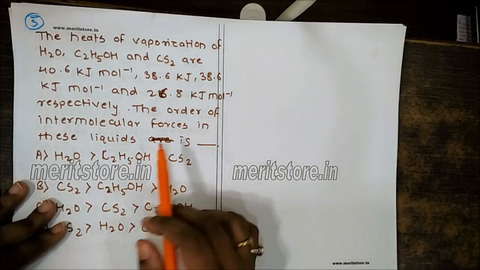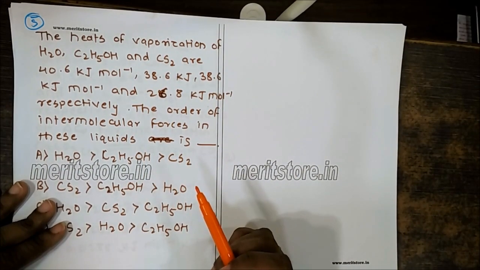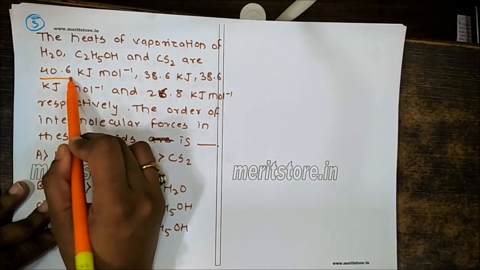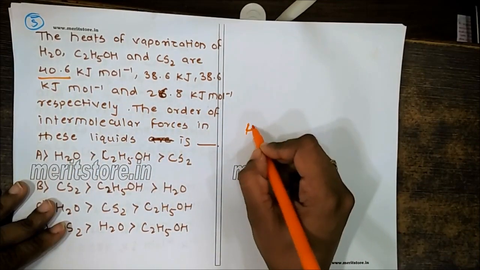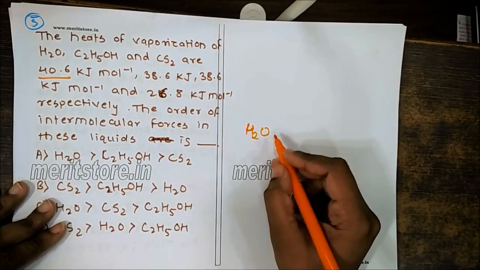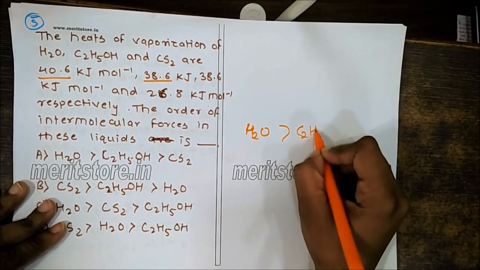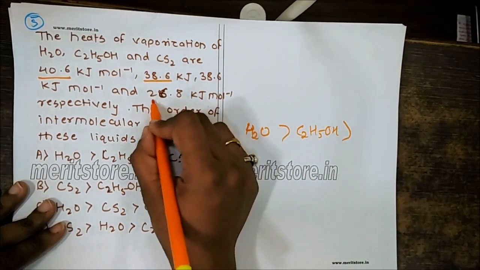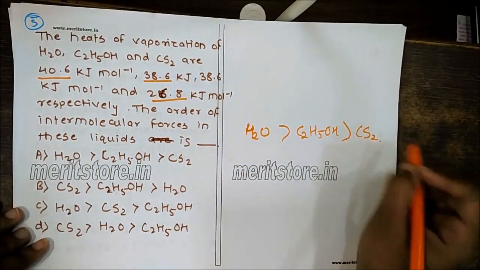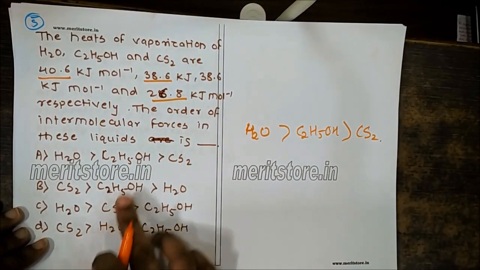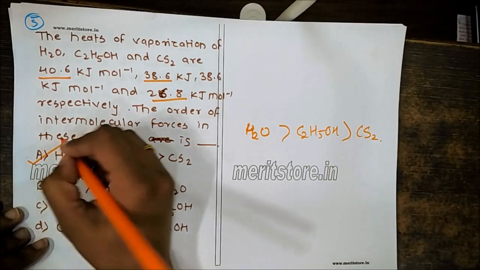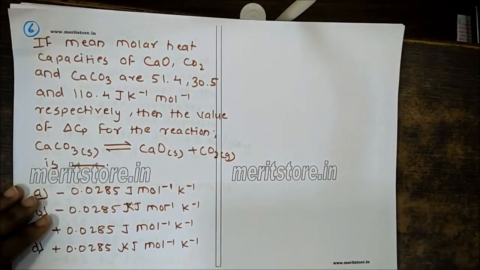So here, the highest required is for water, that is 40.6. So water has the highest intermolecular force of attraction. Then it is 38.6, that is for ethanol, and the least is for CS2. So water is highest, then ethanol, and then CS2. Hence our option is option A.